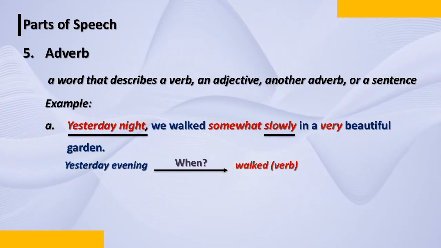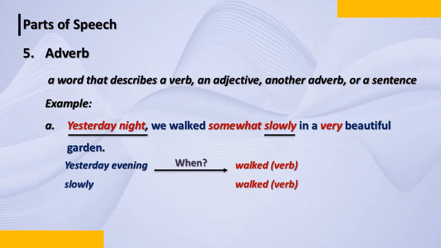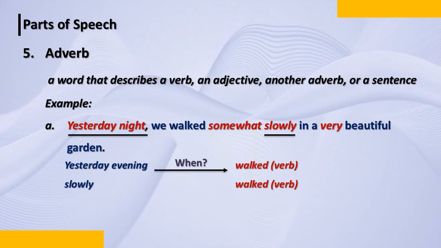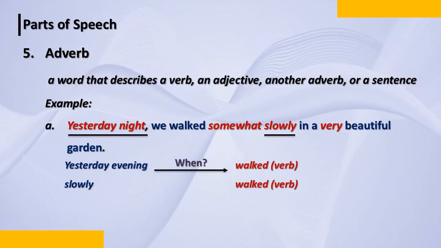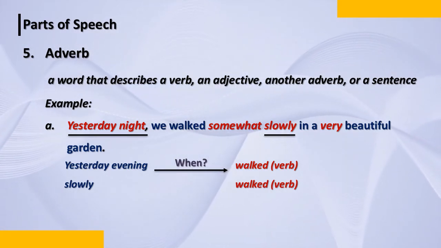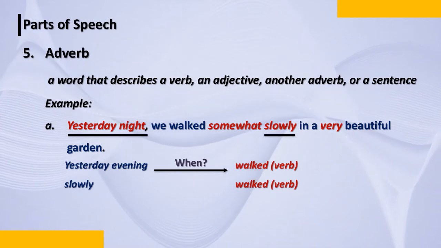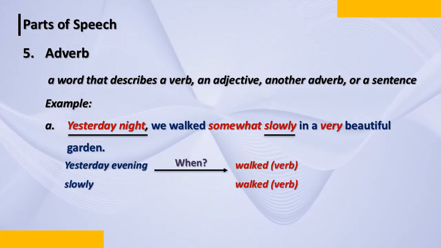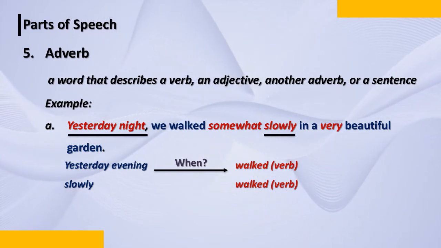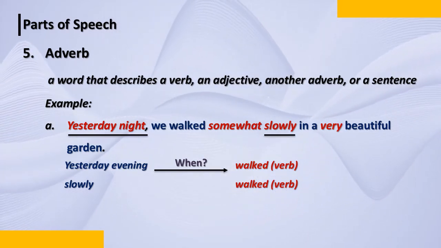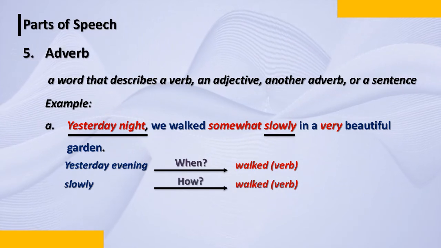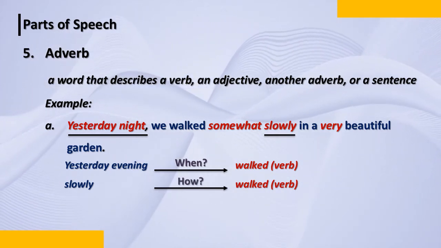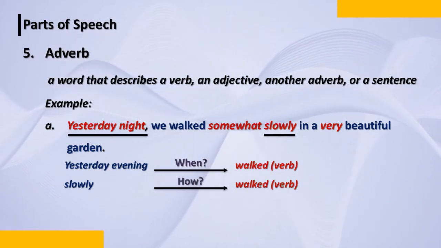Now, slowly, how did we walk? So again, it's described. How did I walk? What is the style of my walk? Was it very fast or not very fast, not very slow? No. Here I'm talking about slow. So the word here is slowly.